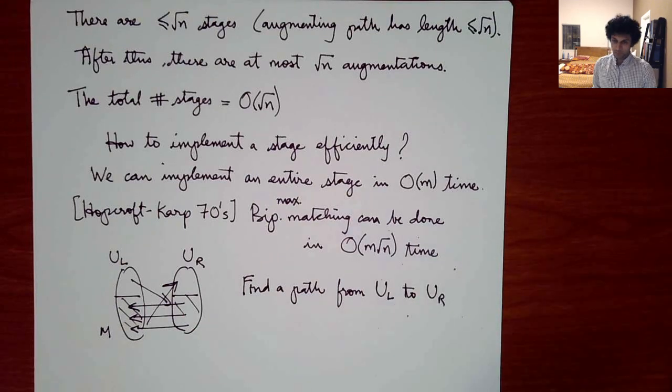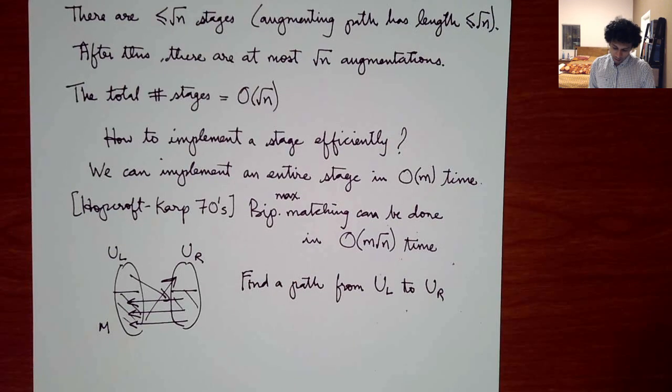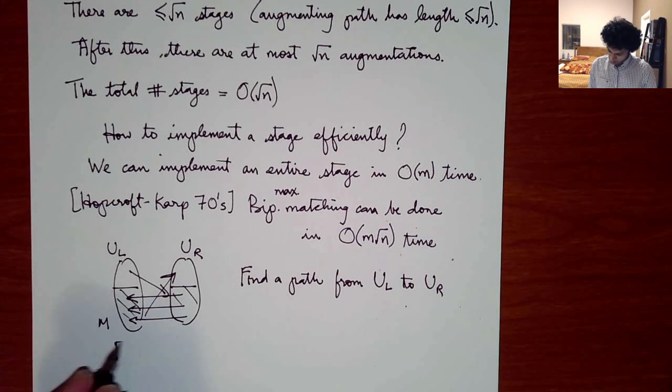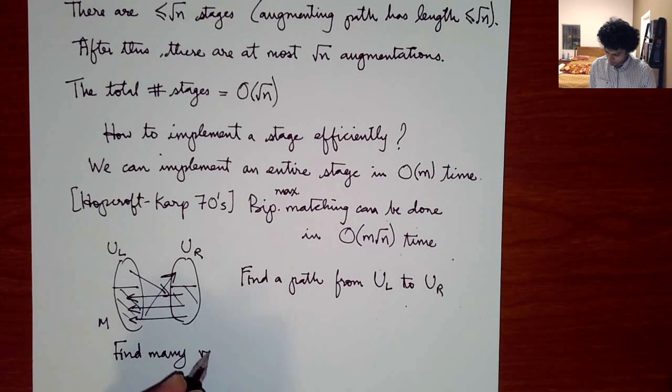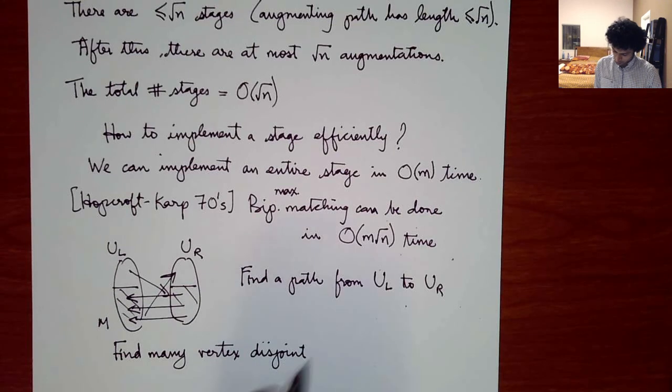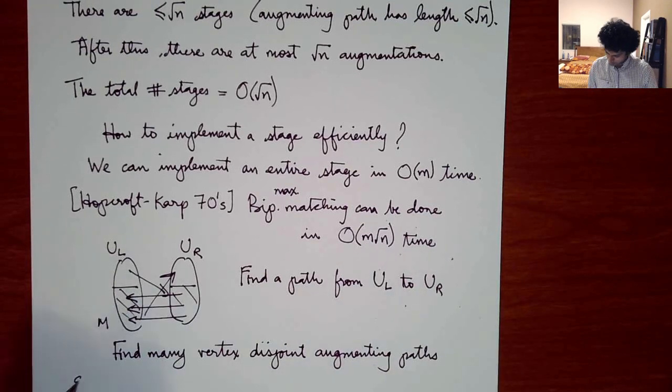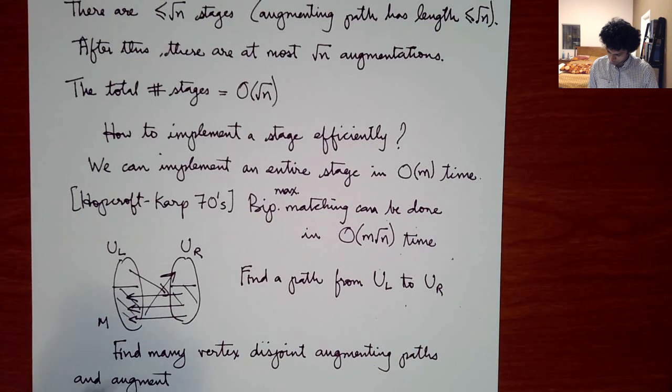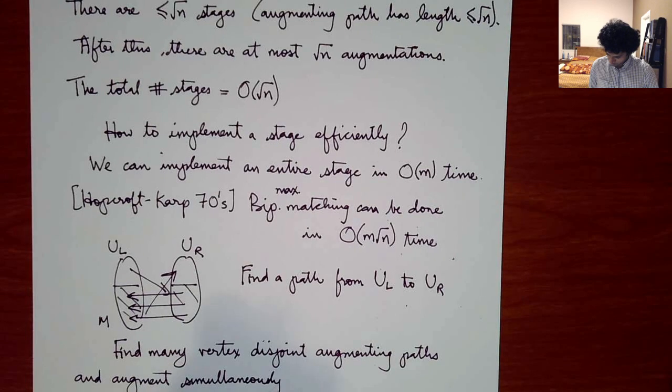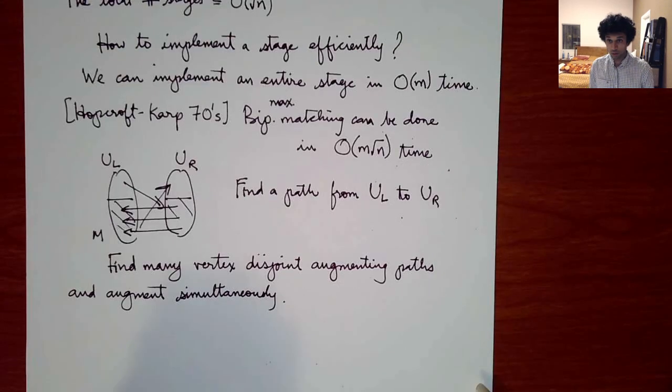So the idea of Hopcroft-Karp is to find many vertex disjoint augmenting paths and augment simultaneously. So it augments everything in one go.